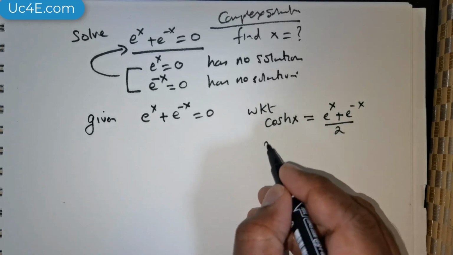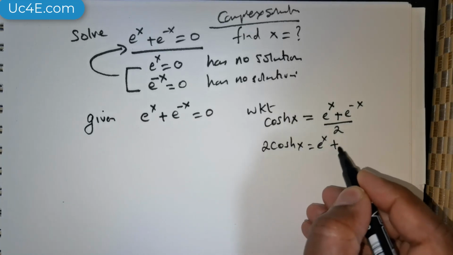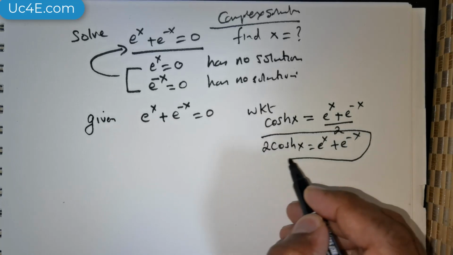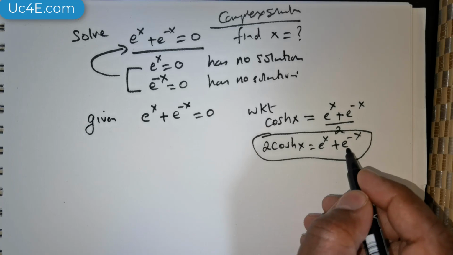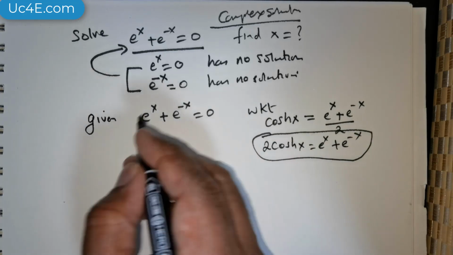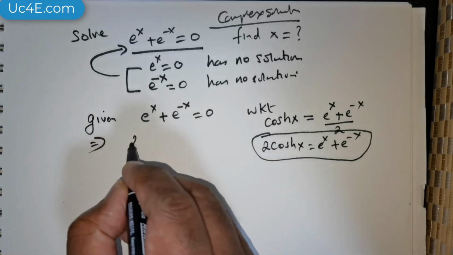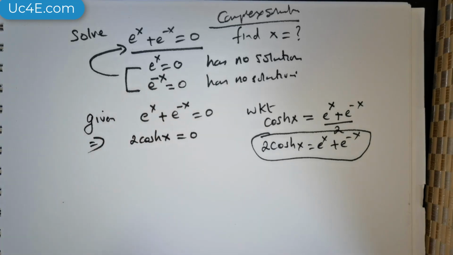And this can be rewritten as 2 times cosh x is equal to e raised to the power of x plus e raised to the power of negative x. So there is an equivalence for e raised to the power of x plus e raised to the power of negative x in terms of the hyperbolic cosine. So I would like to take this and substitute it here. So this would mean I get 2 times cosh x is equal to 0.